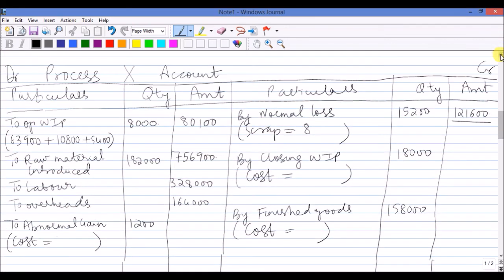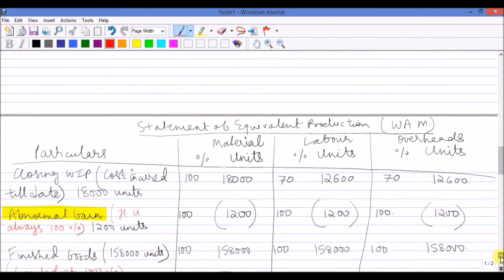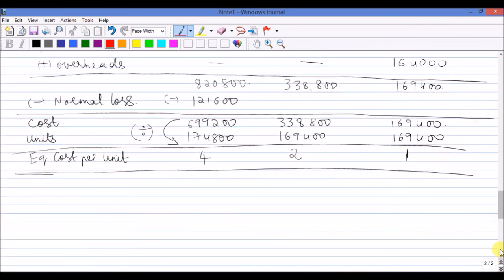Now it's very simple friends. For abnormal gain and for finished goods, in case of weighted average, we have taken this as 100%. So you know there is no need to do any breakup for these two items. So I'm going to add the equivalent cost together.